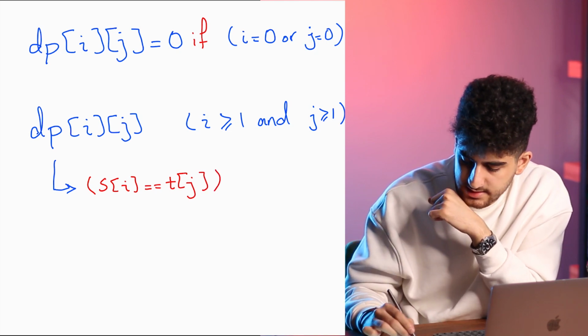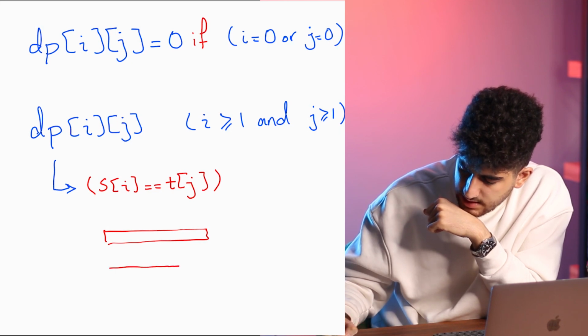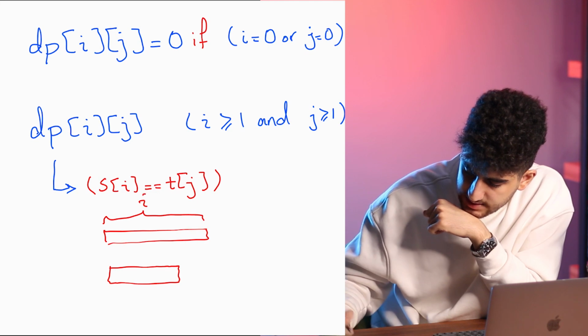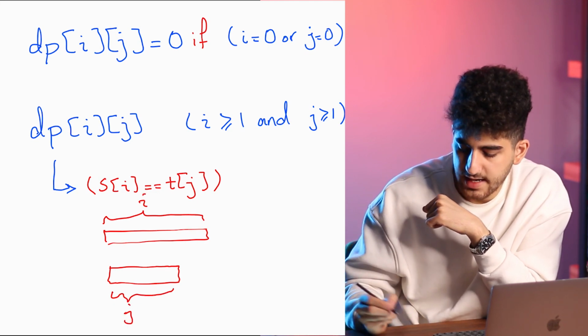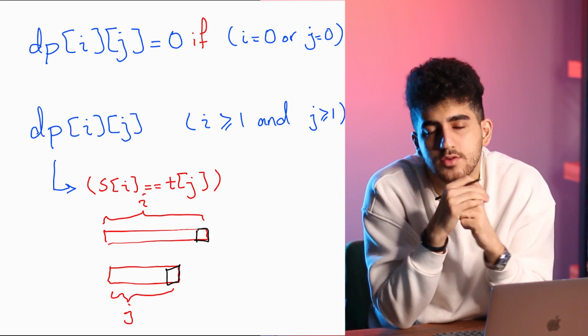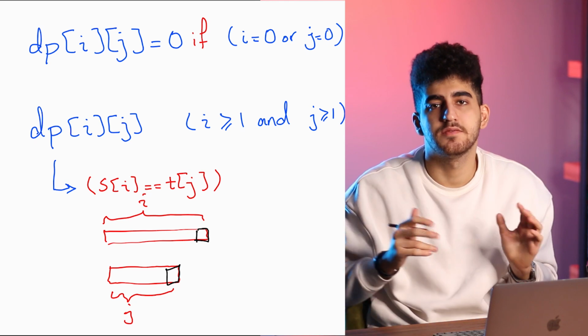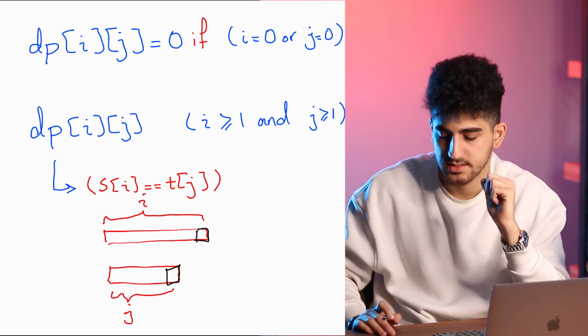So in this case, I have these two strings. Assume that this is the first I letters of my first string and this is the first j letters of my second string, and I know that their last letters are equal. There's an important thing: we can look at LCS like it's a matching between the letters of the first string and the letters of the second string.